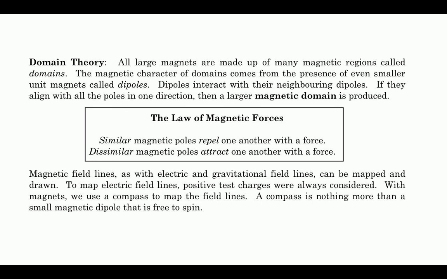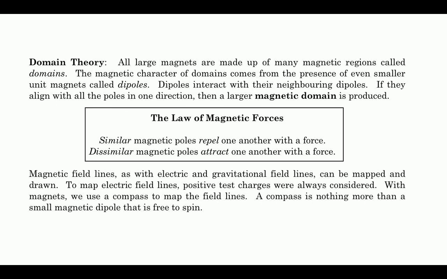The magnetic character of domains comes from the presence of even smaller unit magnets called dipoles. So within an object, there are millions and millions of these tiny little magnetic dipoles, each a north and a south pole, and these dipoles interact with their neighboring dipoles, and when they're all aligned in the same way, we get a larger magnetic domain.